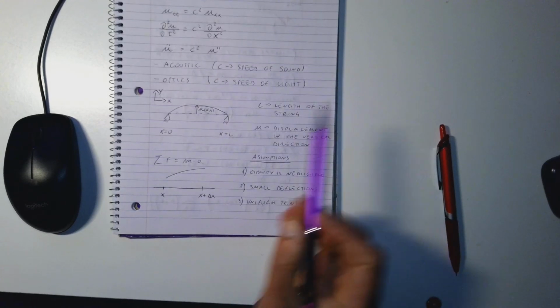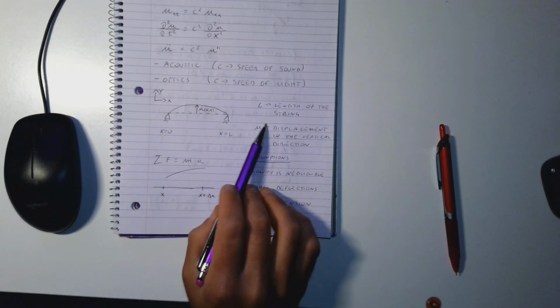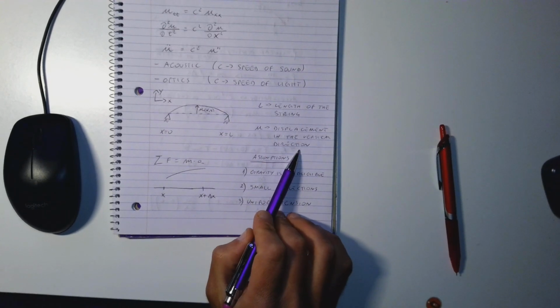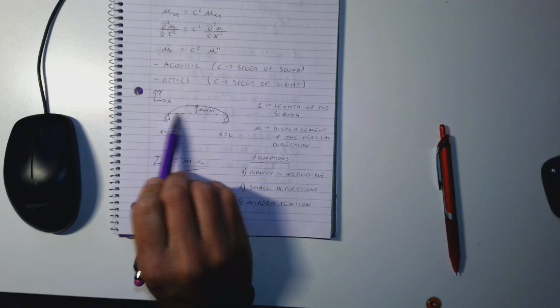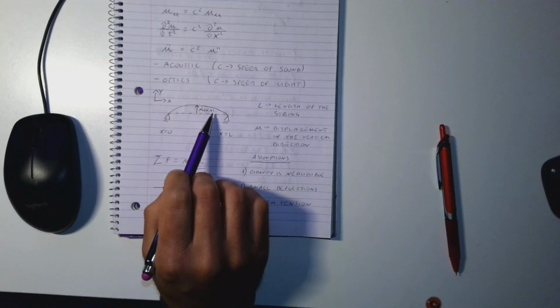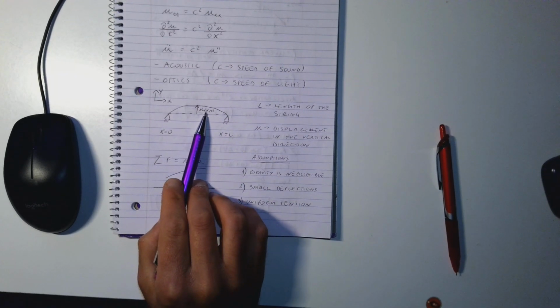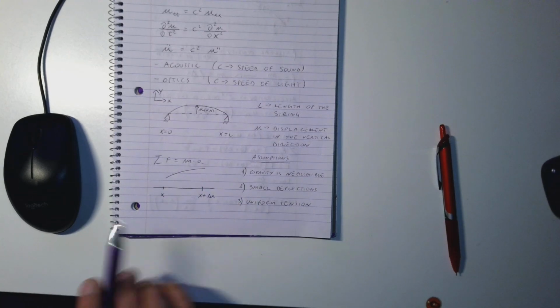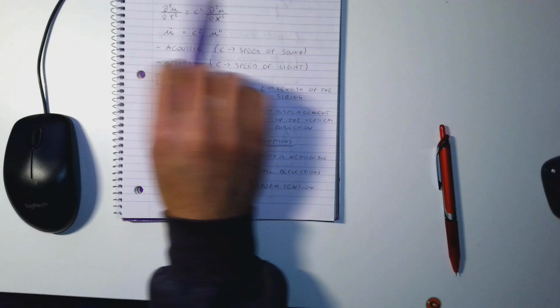And of course what we need to find is the displacement in the vertical direction. So this dotted line would be the undeformed configuration. The deformed configuration would be what we need to find, which is the displacement as a function of space and time.